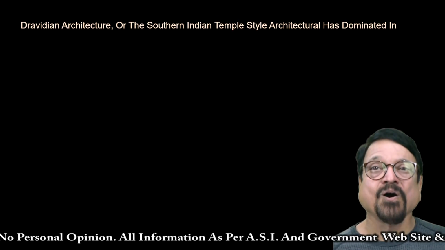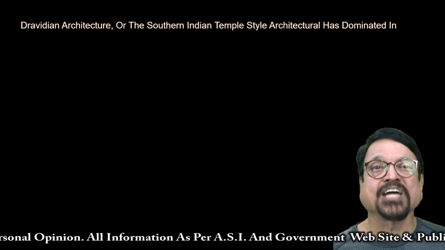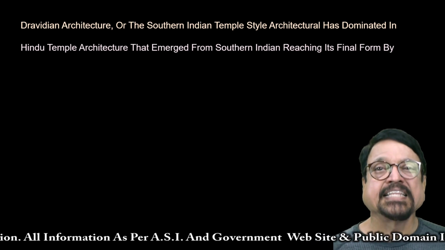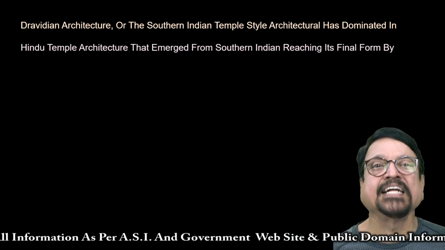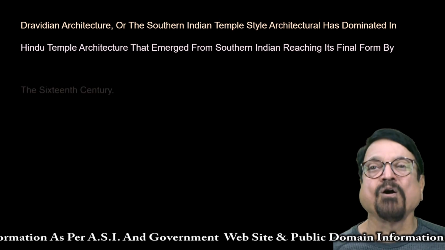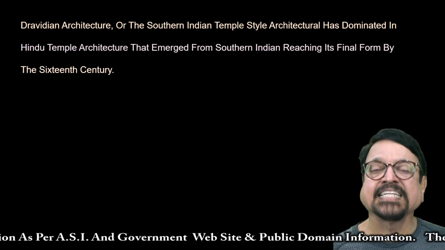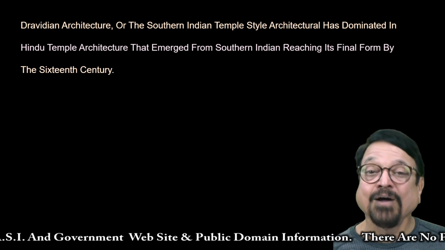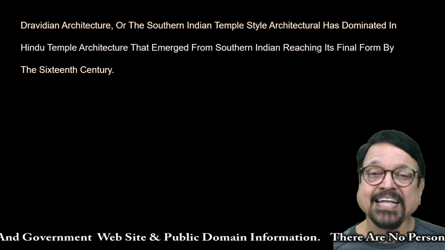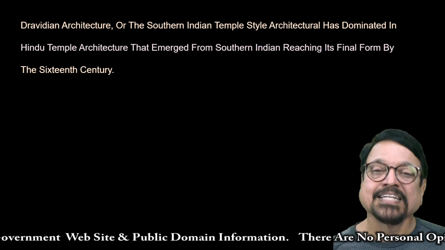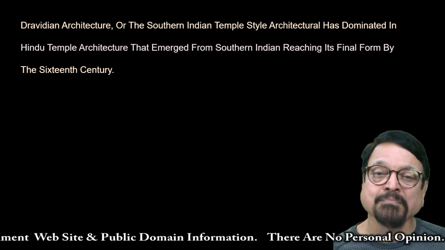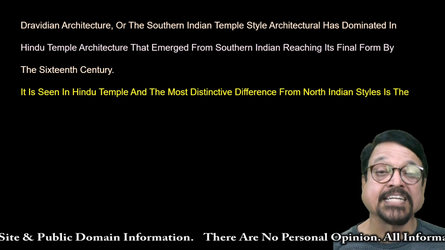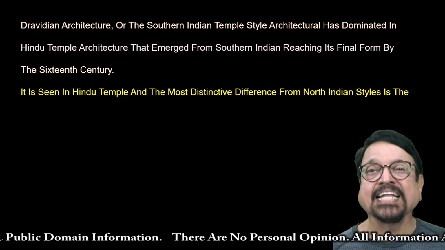Dravidian architecture or South Indian architecture style has dominated the Hindu temple architecture that emerged from southern India, reaching its final form by the 16th century. So started from north, developed in south, is the Dravidian style. It was emerging, it was becoming better and better till the 16th century.